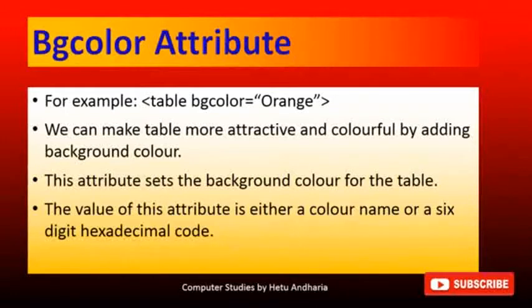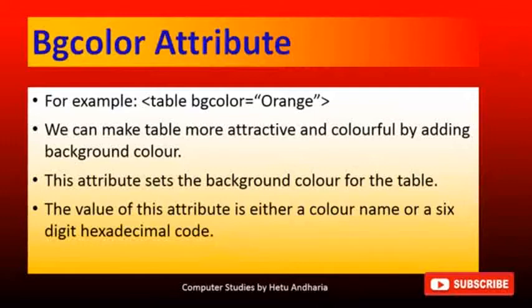The color of the whole table will change. We can make the table more attractive and colorful by adding background color. This attribute sets the background color for the whole table. The value of this attribute is either a color name, here I have given the color name orange, or it could be a 6-digit hexadecimal code.